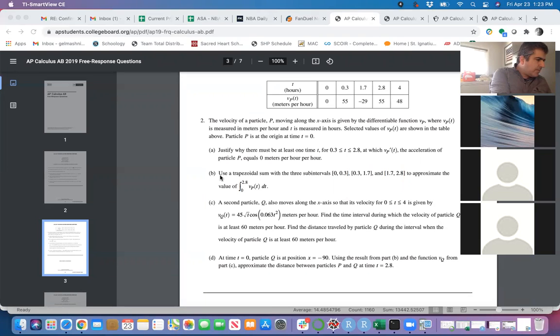And to find the position at t equals, yeah, because you want to find the difference between their positions, right? And actually, we know our initial position. So yeah, let's backtrack a little bit here.